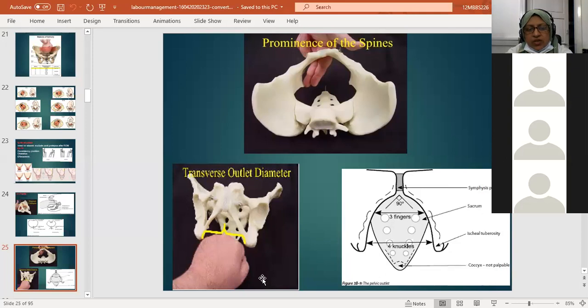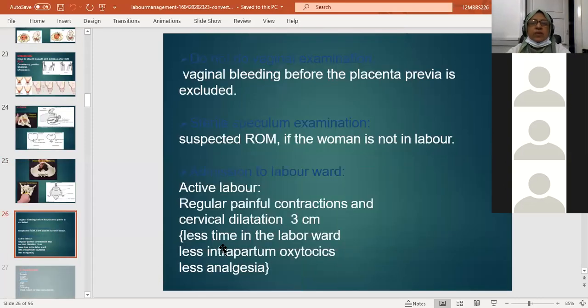Then it will occupy the four knuckles. So it should be wide like this. It should not be narrow like this. So this is the outlet. In the outlet, we assess the subpubic angle and we assess the distance between the two ischial tuberosities. That shows us the adequacy of the pelvis.